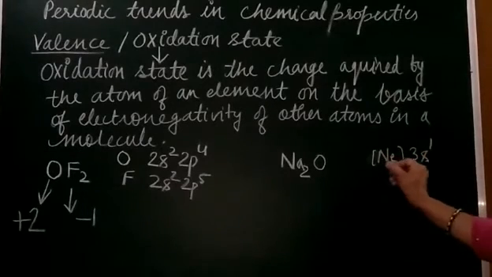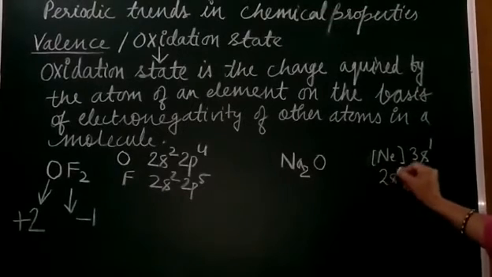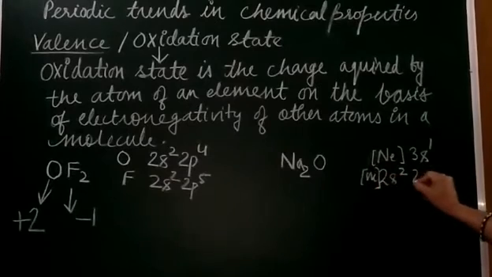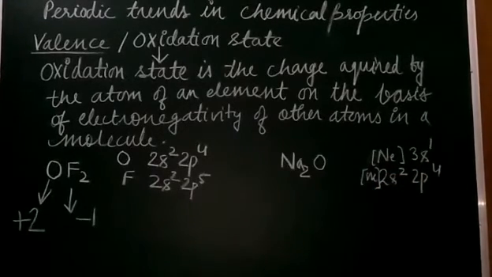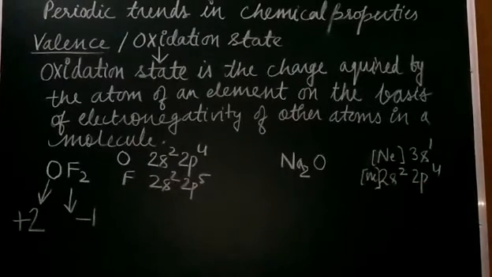And in oxygen, we know that the outermost shell configuration is 2s2, written here in helium condensed form, 2p4.